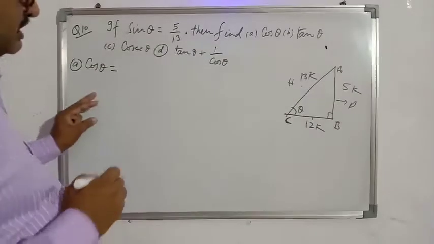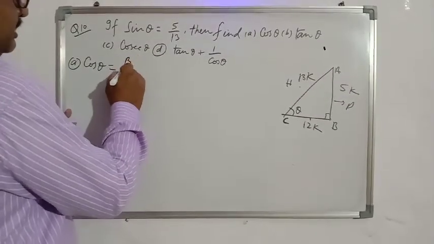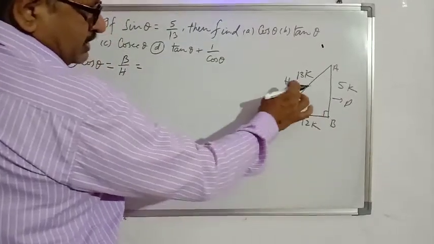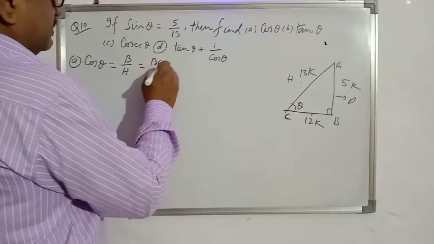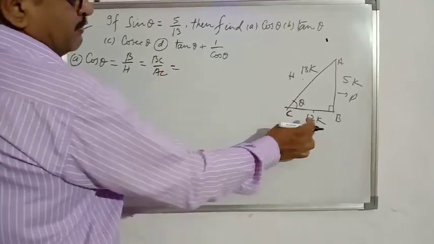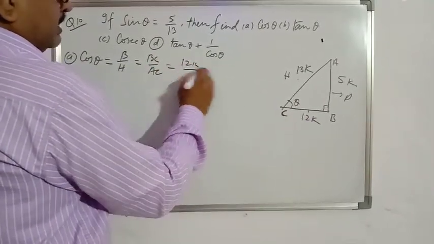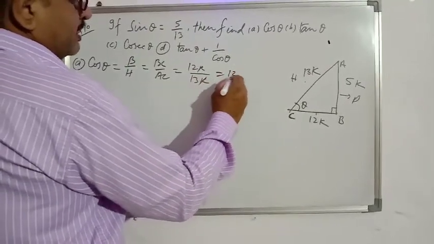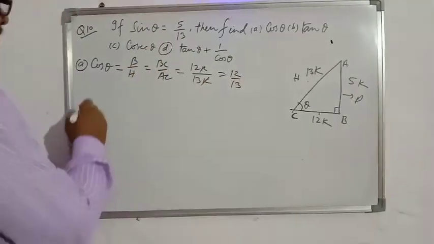We know that cos theta is base by hypotenuse. So what is base? BC. Hypotenuse is AC. BC by AC. The value of BC is 12K, AC is 13K. We can cancel K. We will get 12 by 13.